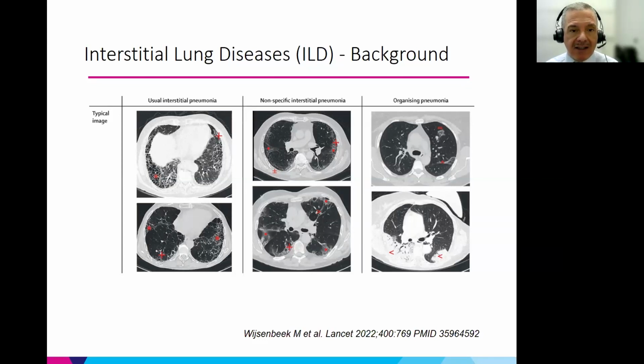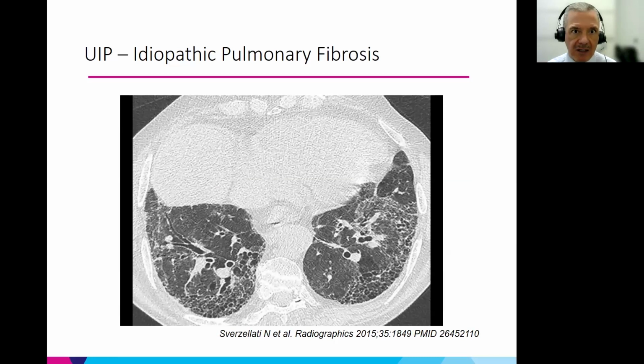So CAT scans have come to create these series of patterns that we try to match to diseases, and I'll delve into that. But as you can see, they have different distribution and characteristics that sometimes help us in discerning what type of disease is out of the 200 or so that pulmonologists have to go through to try to figure out what the patient has.